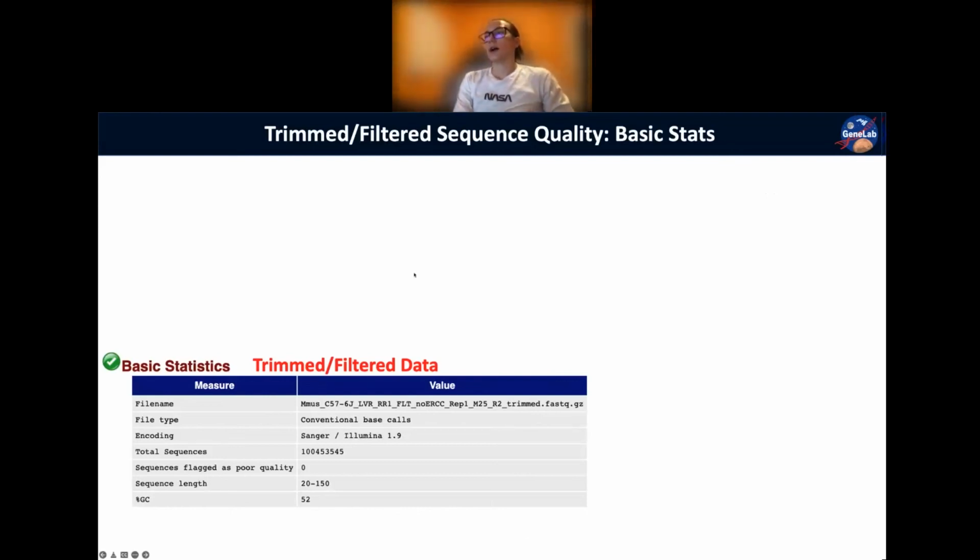So what you want to do now is assess the quality again of your trim data to make sure that you accounted for some of the stuff that you saw when you did the quality of your raw data. This is just looking at the basic statistics. Again, it's that same read that we were looking at for the raw data QC, but this time it's after trimming, after we trimmed with all the settings that we just went over. These are now the statistics.